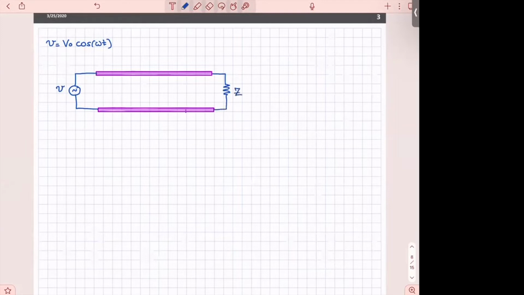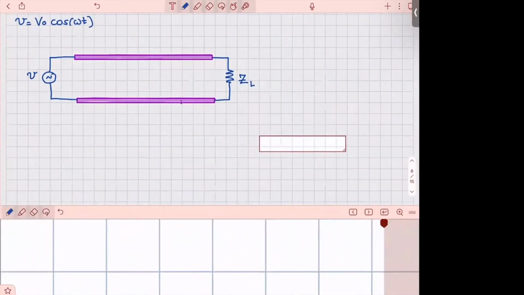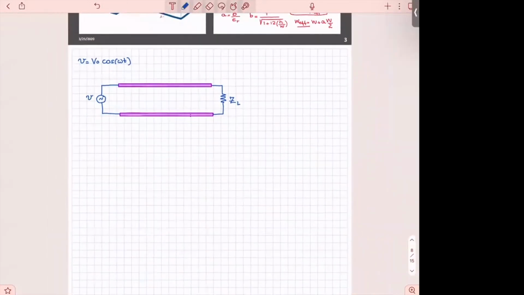Give names to any place on the transmission line where you have the beginning, the end, and any place in between where you add anything. You will have to add points because these points are now important.